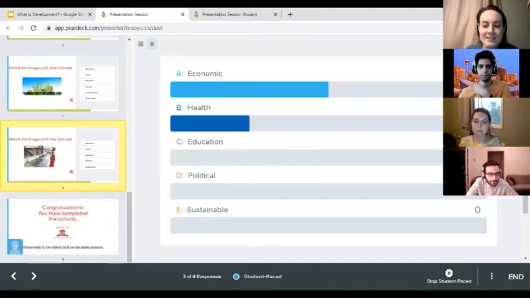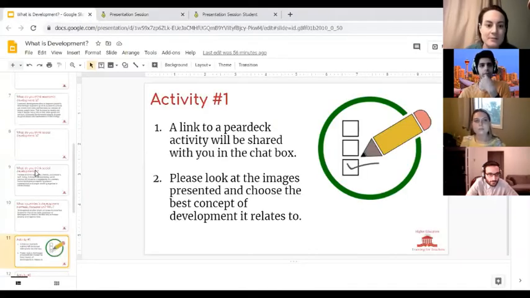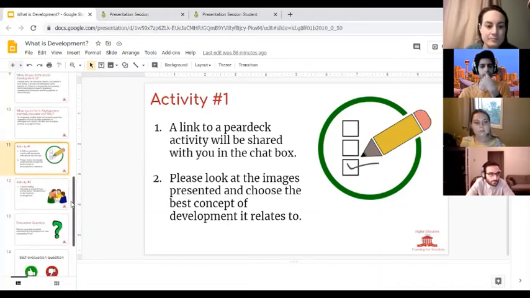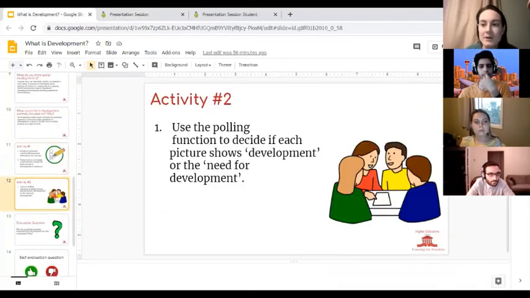So I'm going to go back to the slides. Okay, so we're going to do another quick activity. I'm not going to change this to presentation yet because I need to go back in a second. So using the polling function, decide if each picture shows development or the need for development.